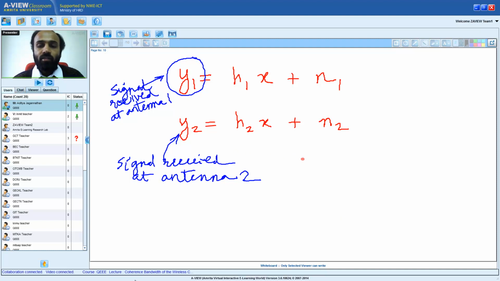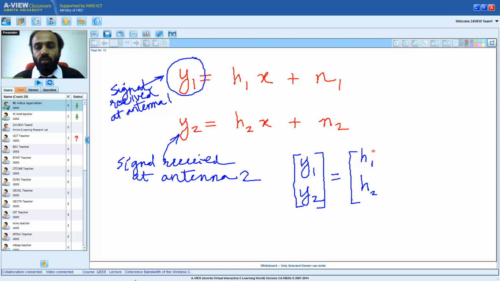I can also write this as a vector. I can write the vector y1, y2 is equal to h1, h2 times x plus n1, n2.